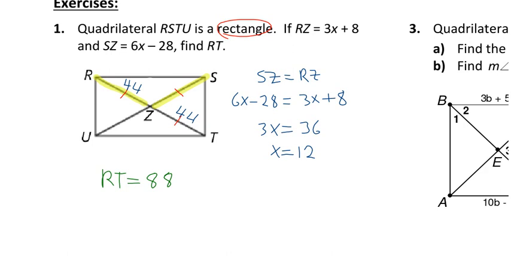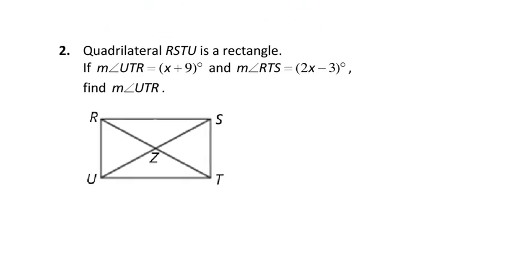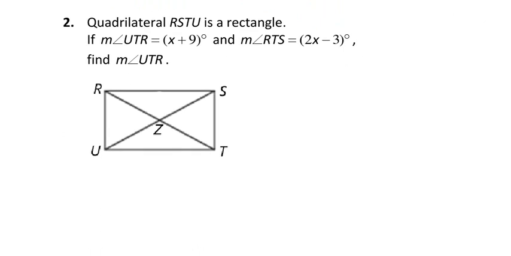So number 2, in quadrilateral RSTU, quadrilateral RSTU is a rectangle. If the measure of angle UTR is x plus 9 and the measure of angle RTS is 2x minus 3, find the measure of angle UTR.